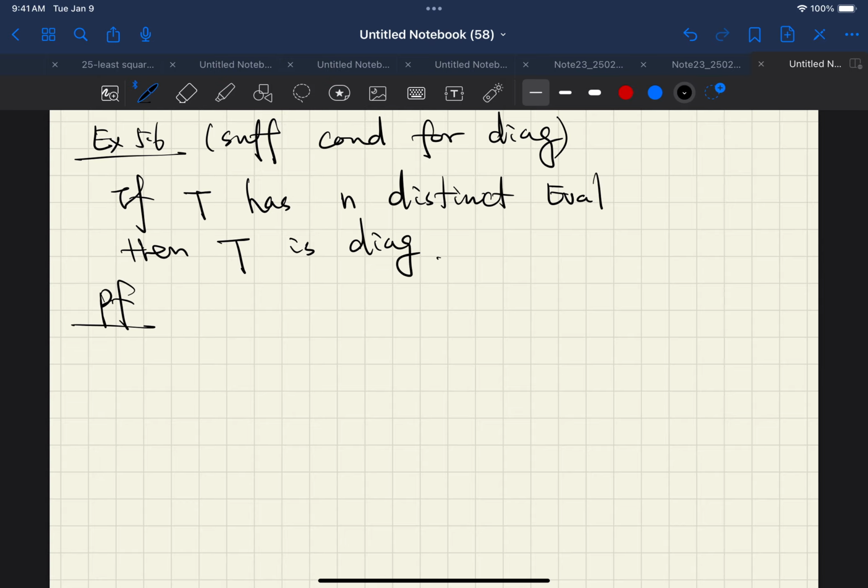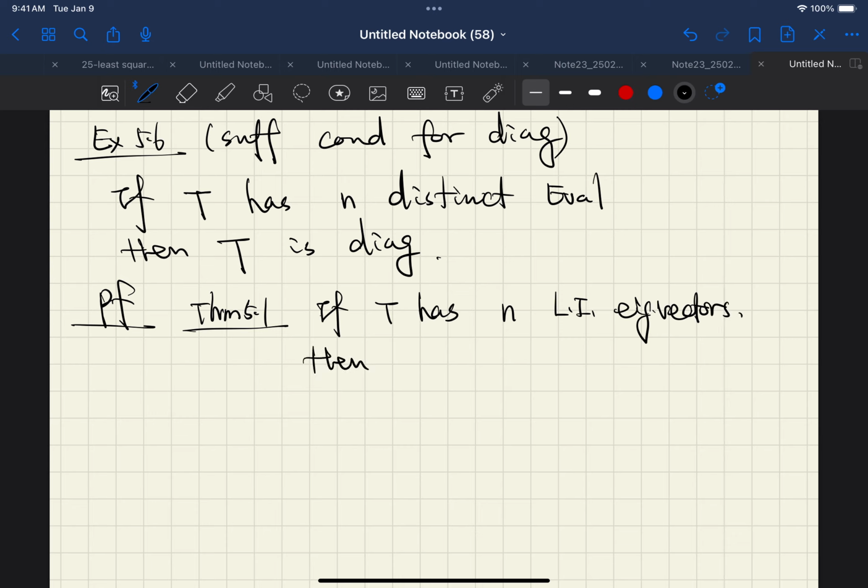Because of theorem 5.1, which is the very first theorem in this chapter. If you recall, if T has n linearly independent eigenvectors, then it's diagonalizable. So this is the statement of theorem 5.1.